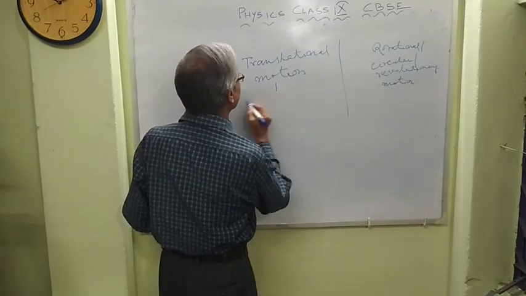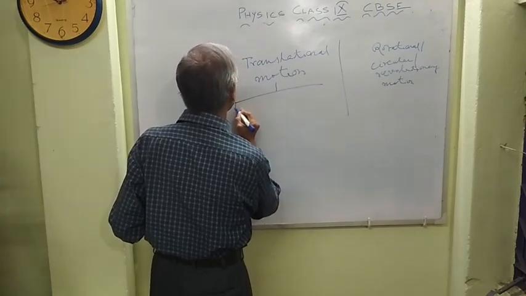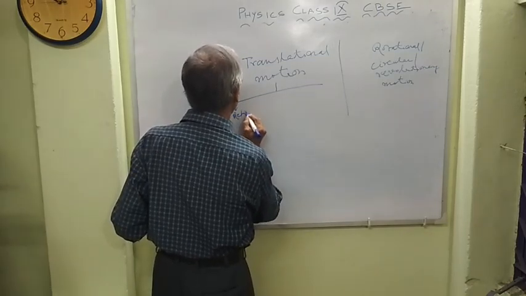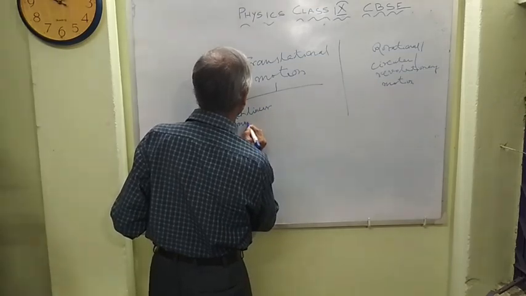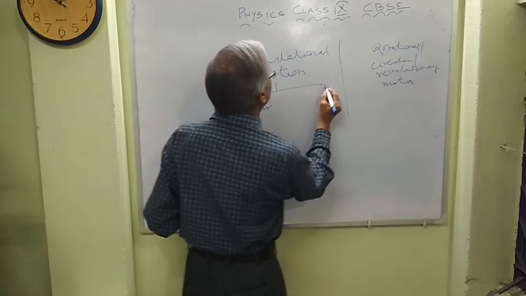Translational motion is of two types: rectilinear motion or curvilinear motion.